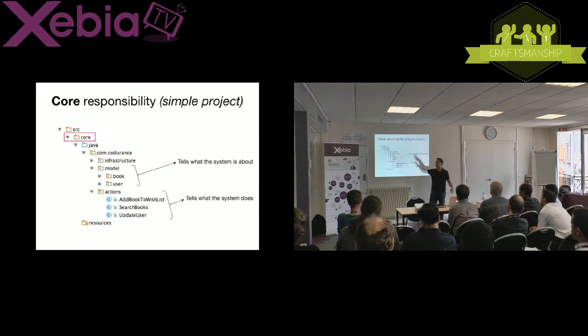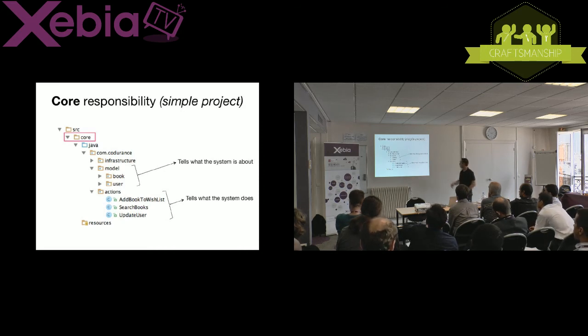I already start seeing what this application is about. My actions, I will put in here. I'll name them after verbs, after the expected behavior from my system. So add book to wish list, search books, update user. Just looking from here, I know roughly what this application is about and what it does with that information.